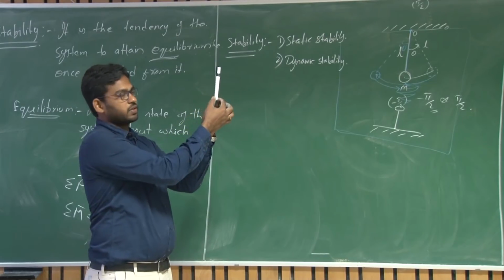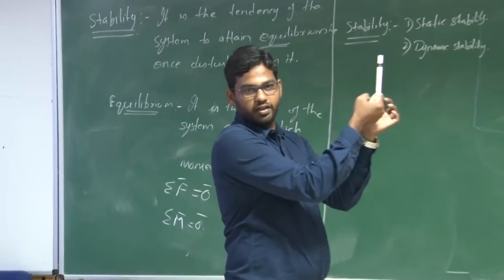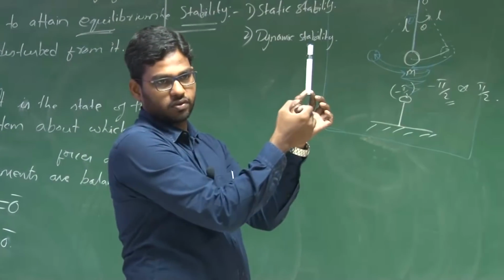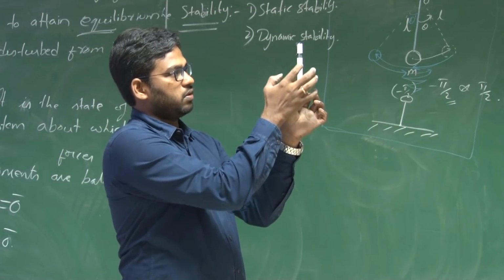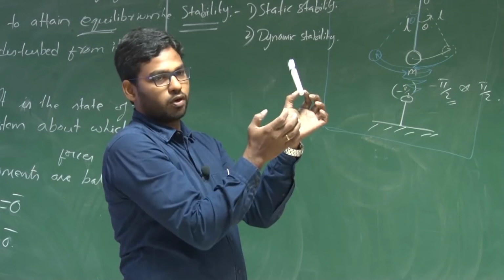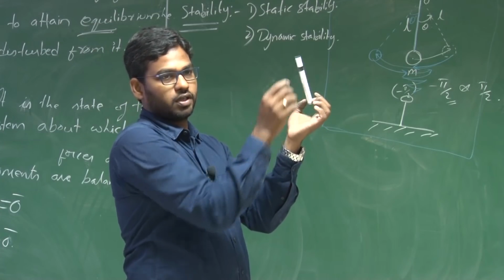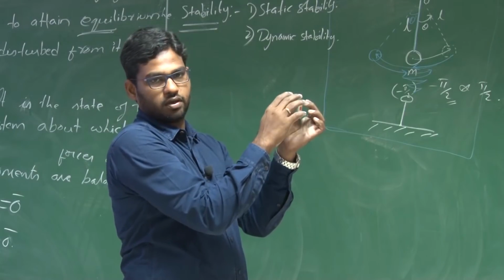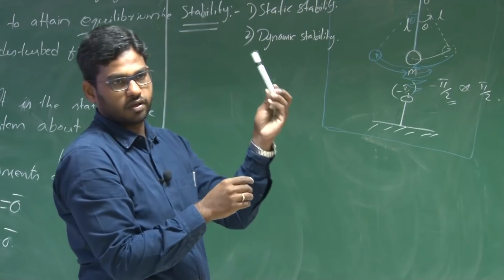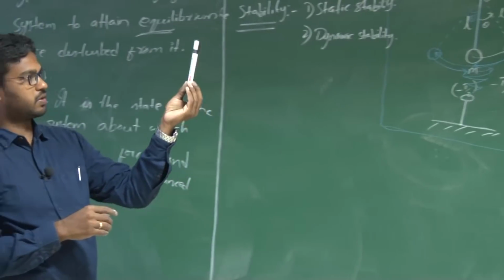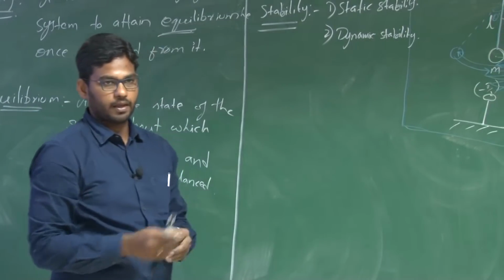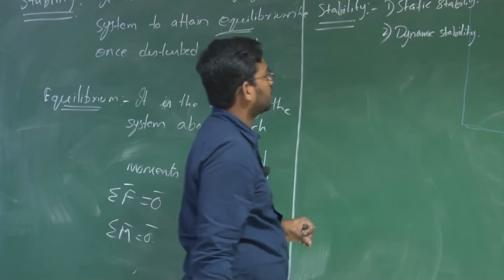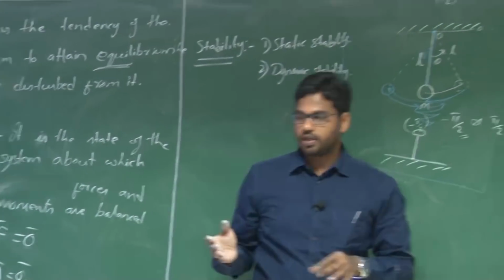Since I am holding it, I can vary the friction here, or the frictional force. So if I disturb this, it may not go down. If it is a proper hinge, any small disturbance will definitely take it away from this particular equilibrium, which is an unstable equilibrium. Now what are the conditions here?